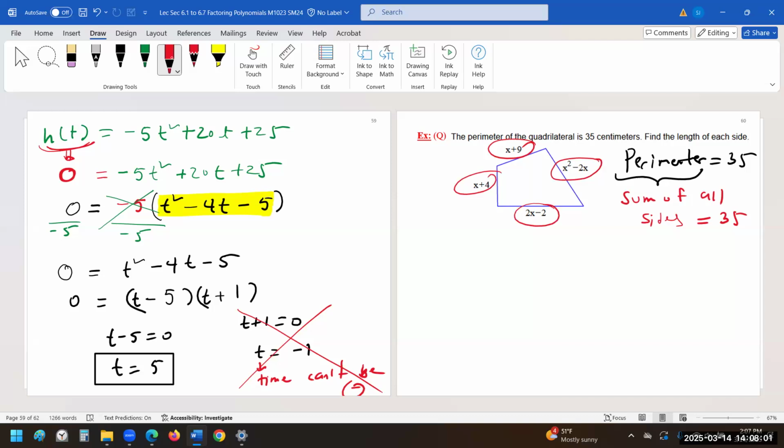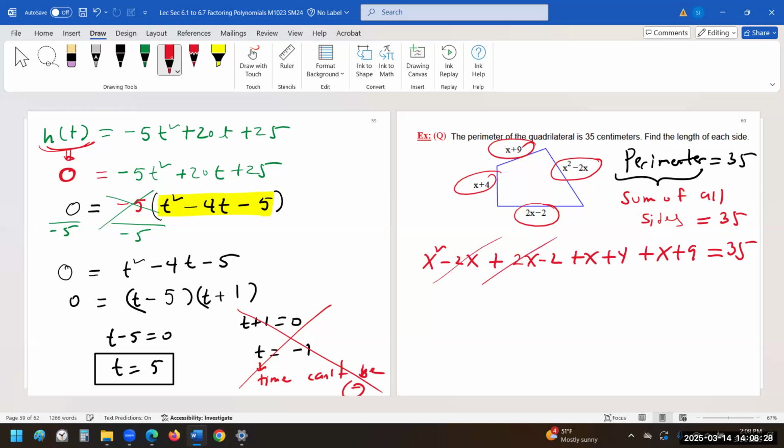Add them: x squared minus 2x plus 2x minus 2 plus x plus 4 plus x plus 9. And when you add all 4 sides, the sum is 35. As you can already see, our highest degree here is 2. That means we're going to bring everything to one side and we're going to get a nice quadratic equation.